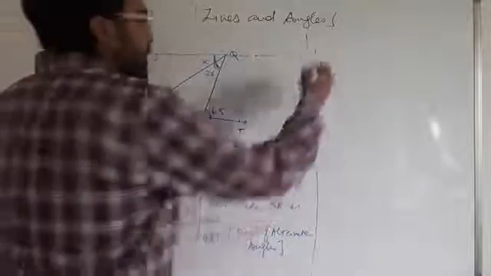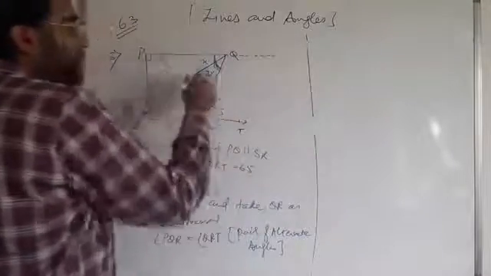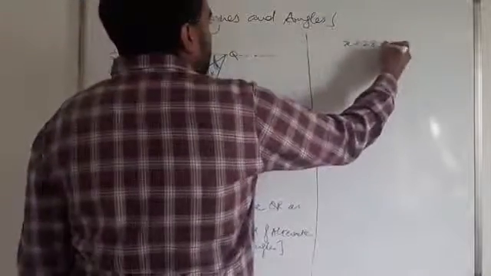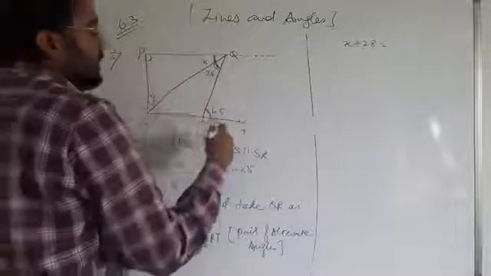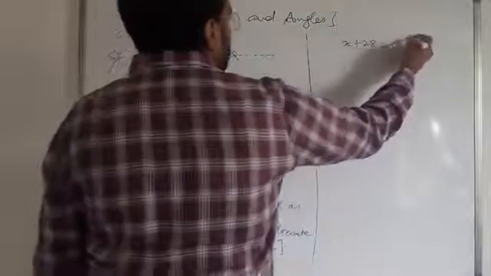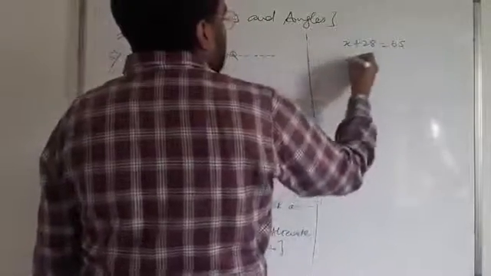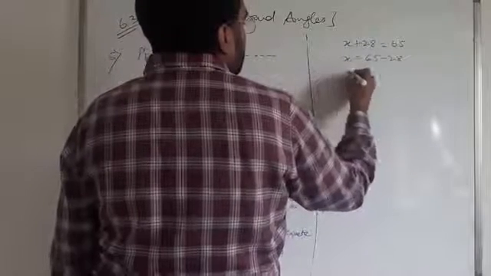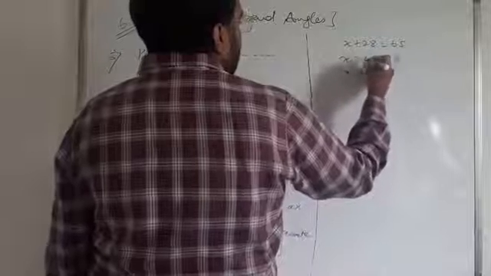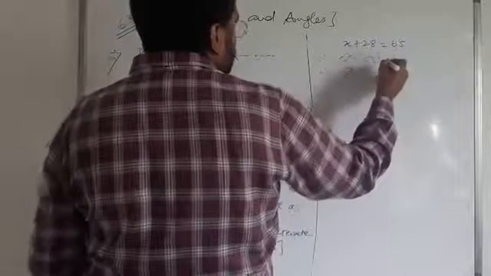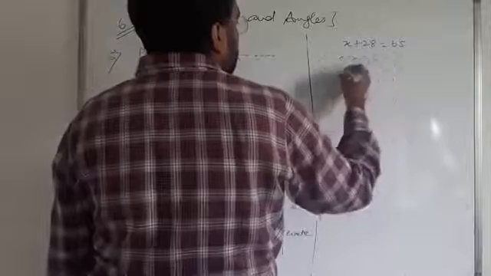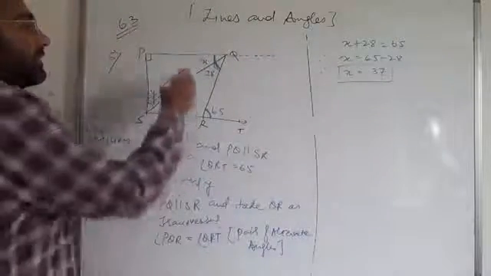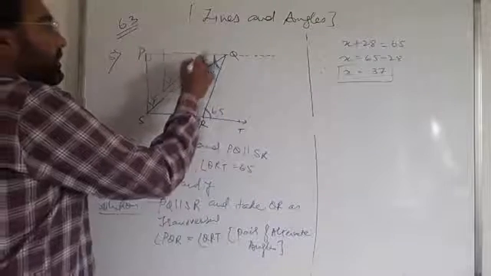So angle PQR, which is angle X plus 28 degrees, is equal to QRT, that is 65. Therefore the value of X is 65 minus 28, that is 37 degrees. Therefore the value of X is 37 degrees.